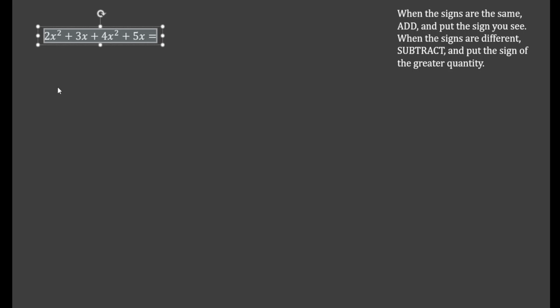So here we could easily identify that the x squareds are the like terms and the x's are like terms. So 2x squared plus 4x squared will give me 6x squared, and 3x plus 5x would give me plus 8x.